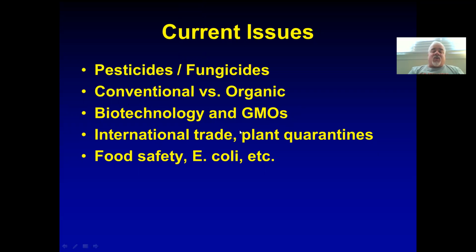International trade and plant quarantines, that's a constant battle that's going on. At any given day, you would be amazed at the number of things that our ag commissioners have to deal with, and the California Department of Food and Agriculture, CDFA, in terms of what things can be exported from every county in California. There's always a long list of things that, nope, you can't take this crop from this county and move it to wherever.